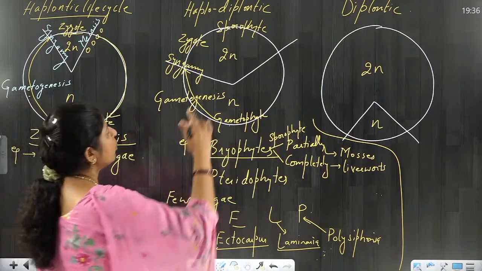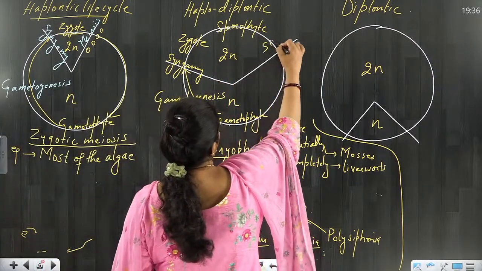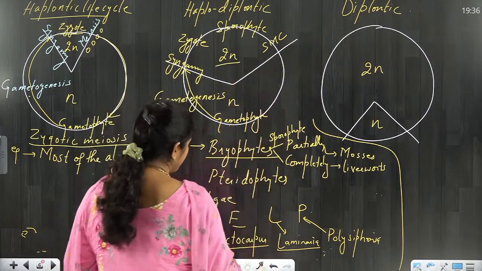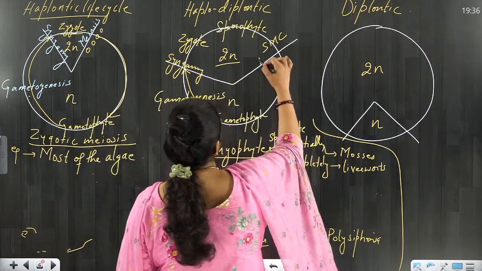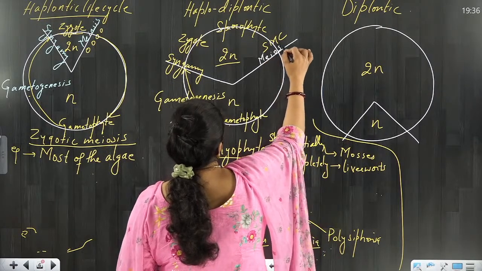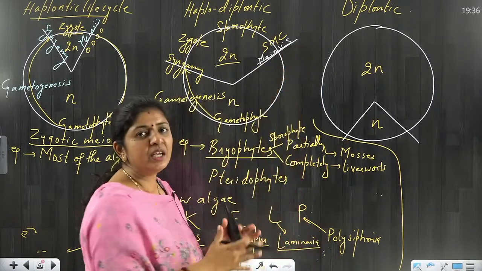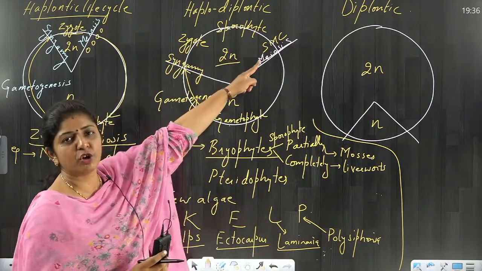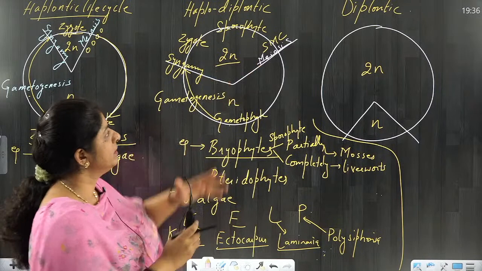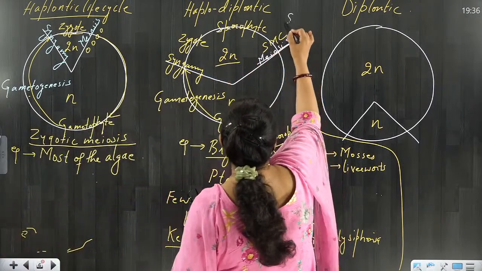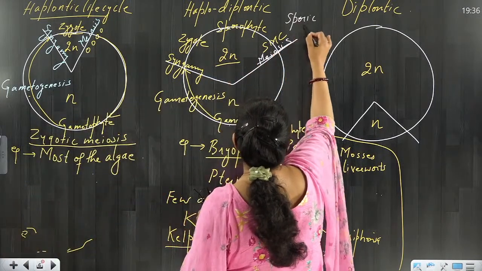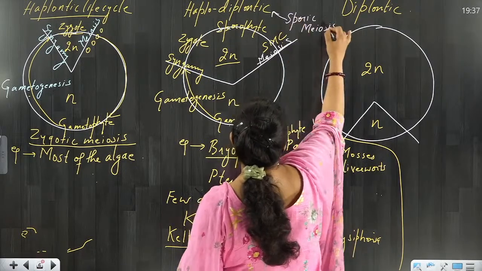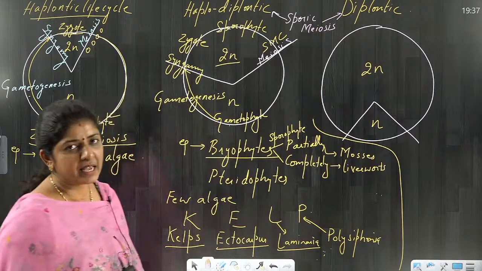Now what is the sporophyte having? Spore mother cells. It will be diploid and it will undergo which process? It will undergo meiosis. So which meiosis is happening here? Sporic meiosis, because the zygote is undergoing mitosis here. Sporic meiosis happens both in the haplodiplontic and diplontic life cycles.